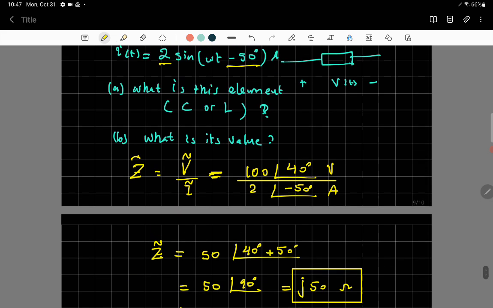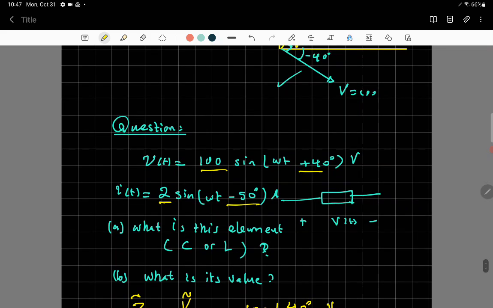Actually, you can answer this by inspection. When you look at the voltage, it is on angle 40, right? And the current on angle negative 50. Let me make space here. So if I make a quick sketch here, that's 40.